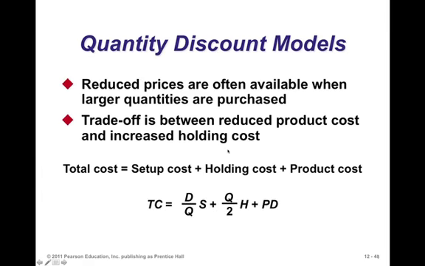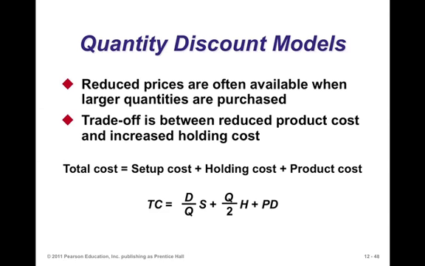Last but not least, let's just look quickly at quantity discount models. In quantity discount models, it's not immediately obvious what the optimum order quantity is, and so we need to go through a process that allows us to calculate what that optimum quantity is.